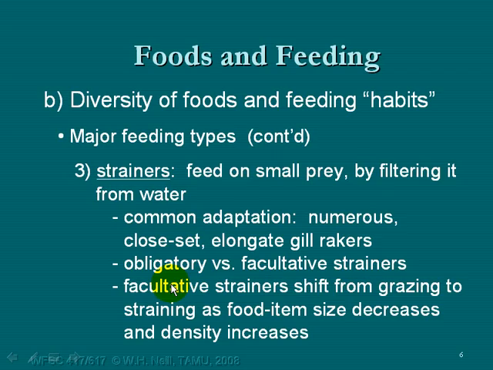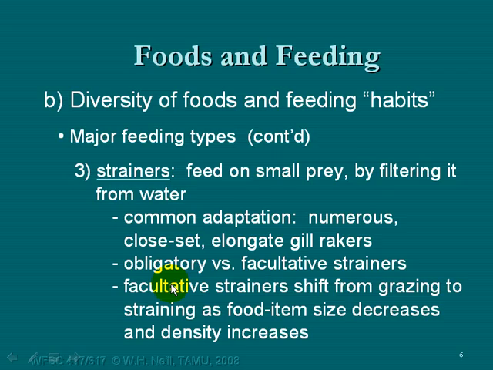In fact, tunas sort of span the spectrum. One individual tuna can go all the way from predator to grazer to strainer, depending on the kind and distribution of prey. When the prey tend to be smaller and more densely distributed, then the money is on filtering or straining.